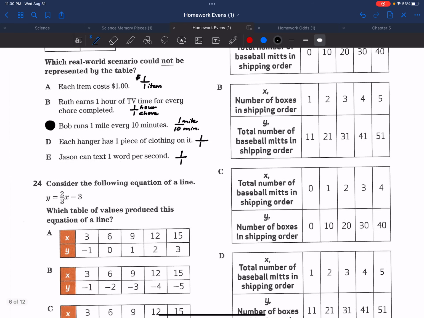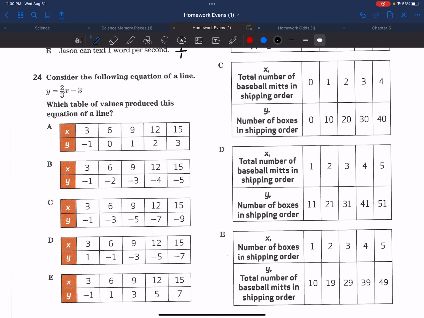Number 24. Consider the following equation of a line. Which table of values produced this equation of a line? So they want me to match the table to the equation.